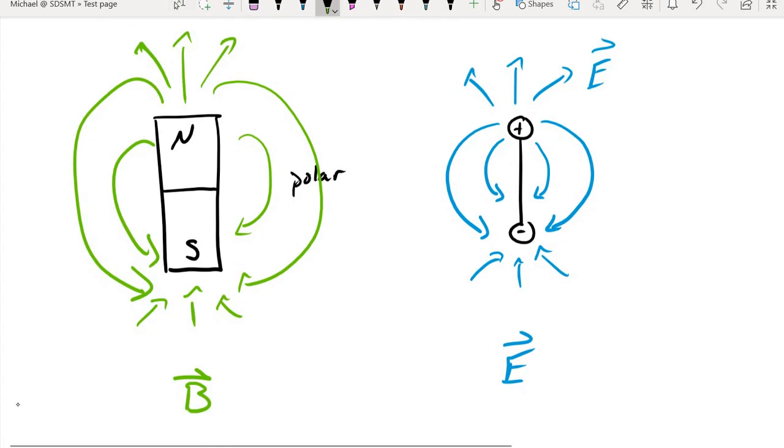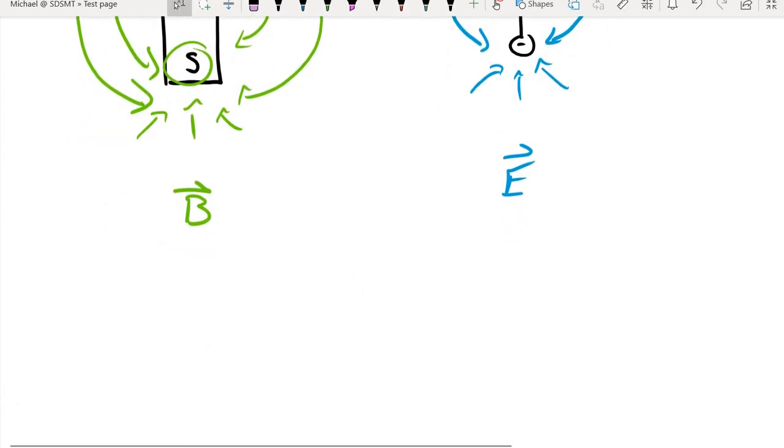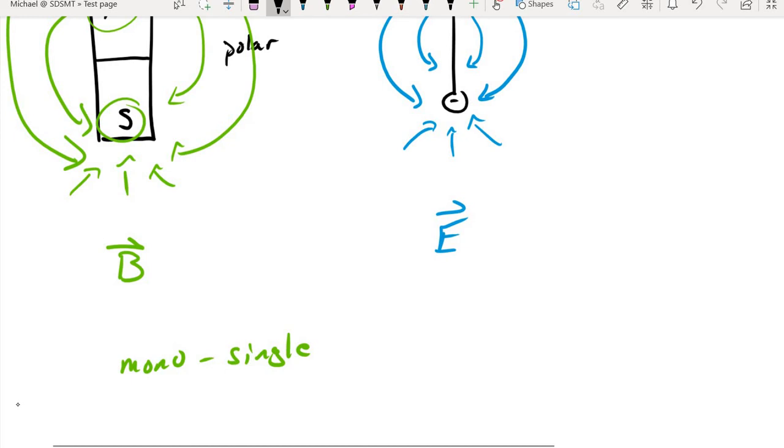Well, if electric fields are produced by electric charges, does that mean that there's some kind of a corresponding magnetic charge? And the idea is kind of nice, except there is no monomagnetic charge. And when I say mono, what I mean is single. With electric charges, we can have a single charge value that is either positive or negative, or in the case of a neutral charge, it could be null.